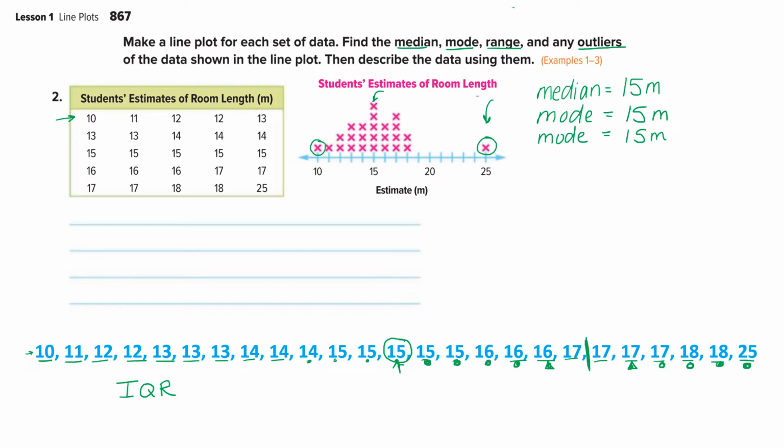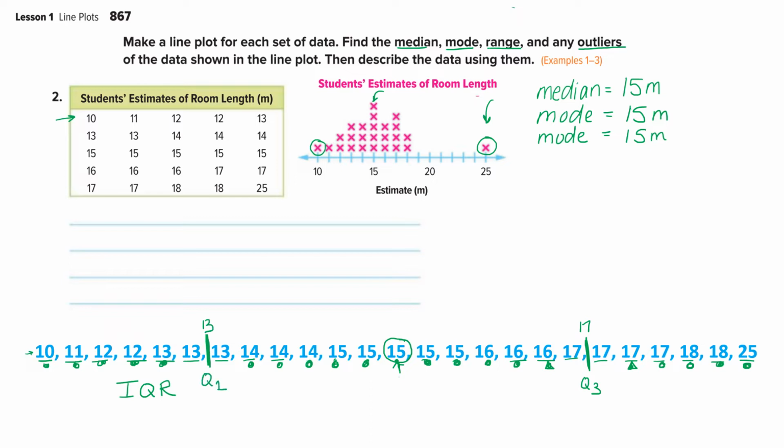Okay, so 17 is going to be my quartile 3. 1, 2, 3, 4, 5. 1, 2, 3, 4, 5. And this is 13 and 13. So 13 is going to be quartile 1.